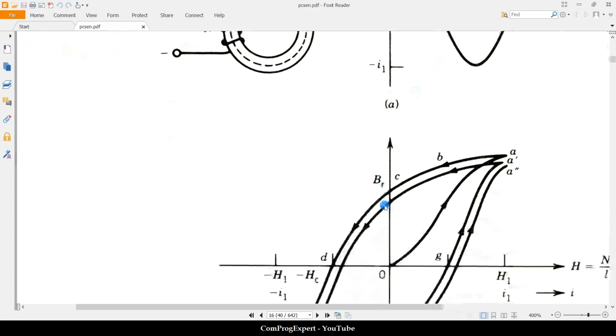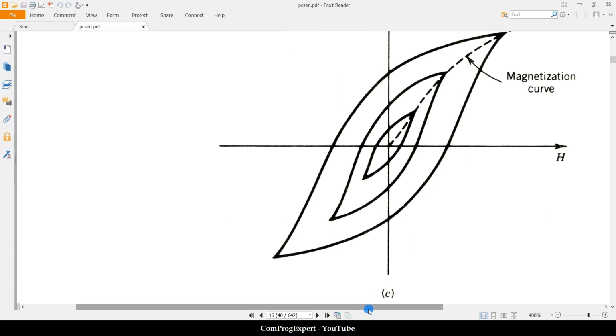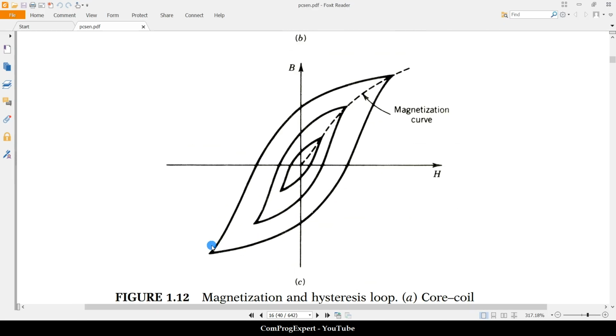In this case, we will have these hysteresis loops, and when we increase the level of the excitation, the value of Hmax will be higher, Bmax will be higher, and so on. This is the normal magnetization curve.